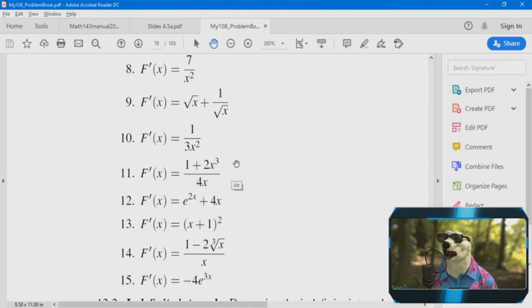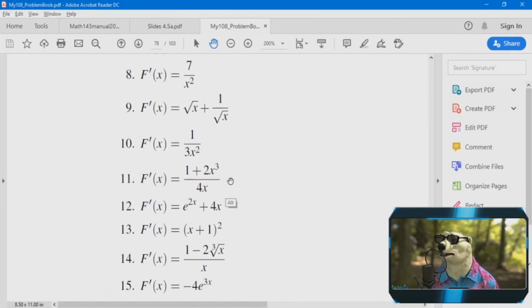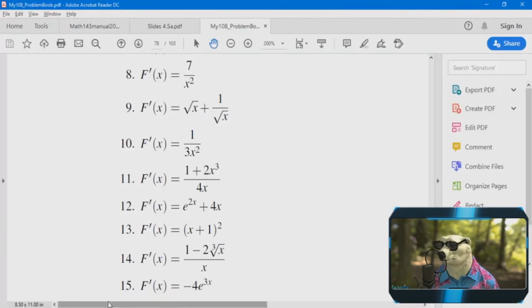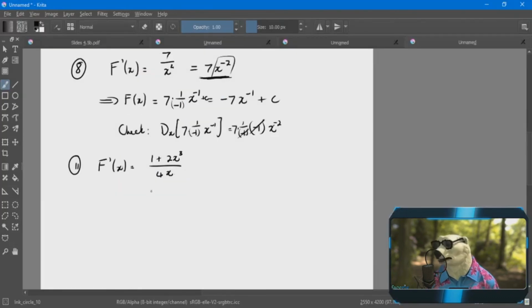Let's see what else we have here. Ooh, 11. I like 11. One plus 2x cubed over 4x. Let me double check. Looks good.